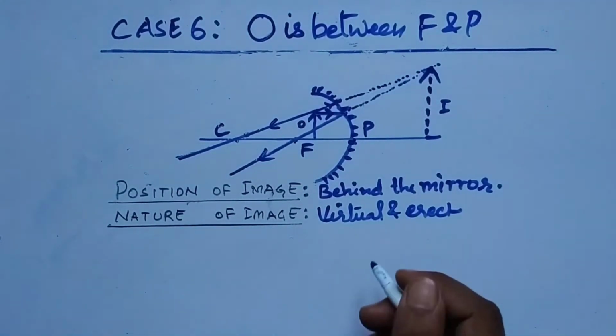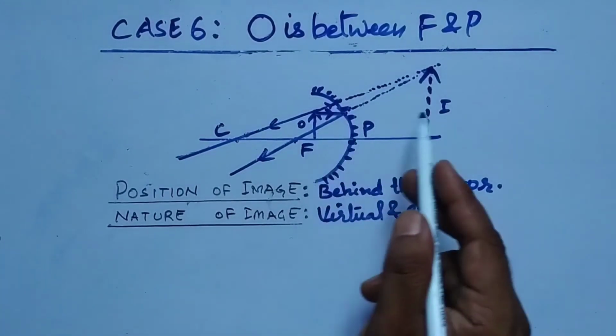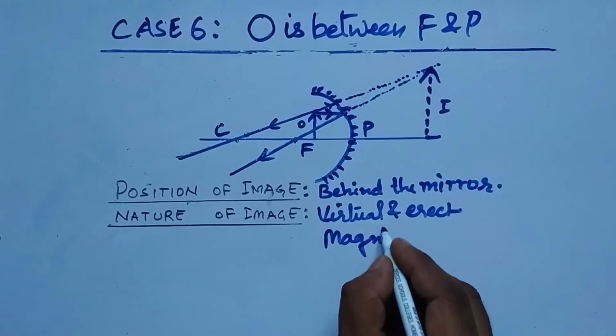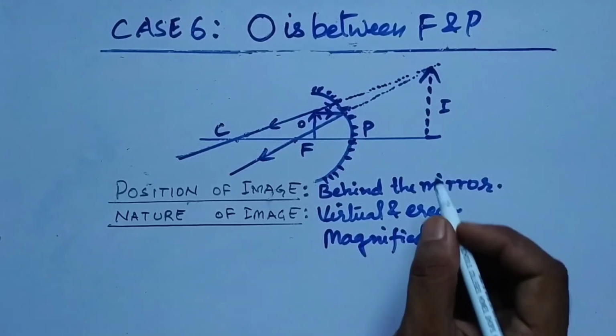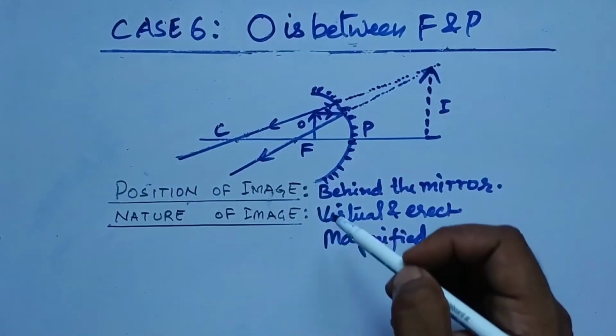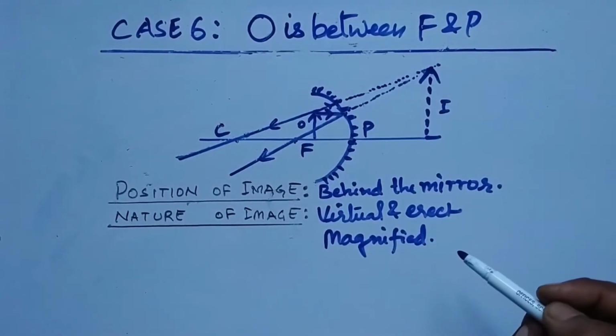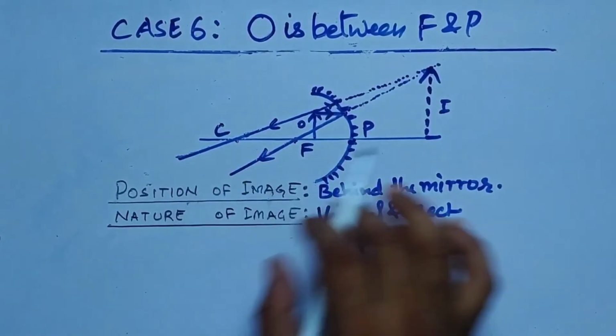And what about the size? We can see that the size is magnified. That is, the height of the image will be greater than the height of the object. A magnified or enlarged image will be formed in this case.